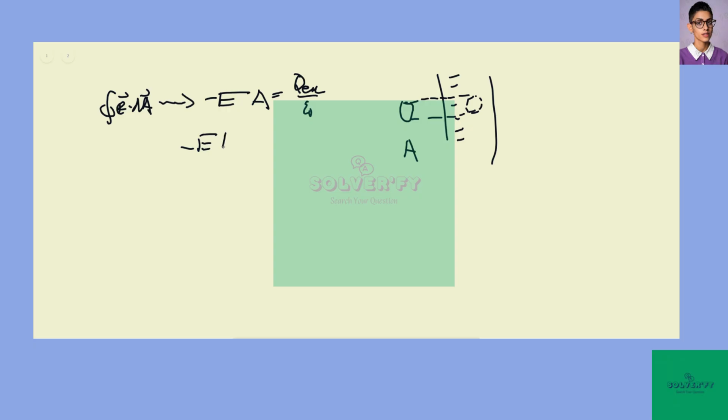From that, we can write charge enclosed in terms of the area density. So this will be sigma of the left side, since that's what we're trying to find, times the area enclosed over epsilon naught. Now our A's cancel, and we're left with sigma left equaling negative epsilon naught E.